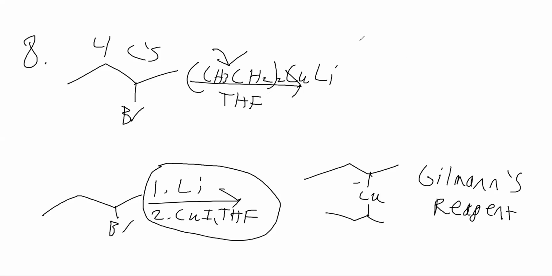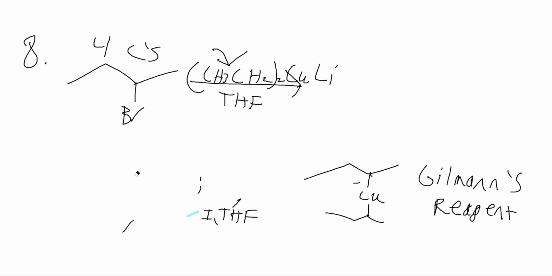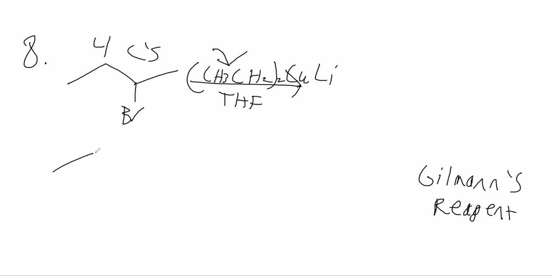So I'll go ahead and erase this just a little bit. What I have in parentheses there is basically just this, to an extent. It's CH3CH2, so those are just ethyl groups, and it says there are two of them bonded to the copper.